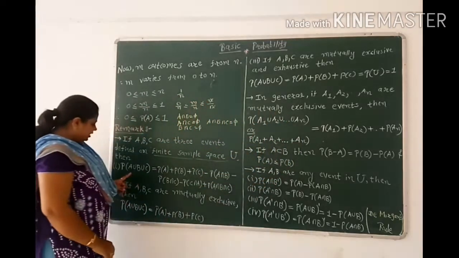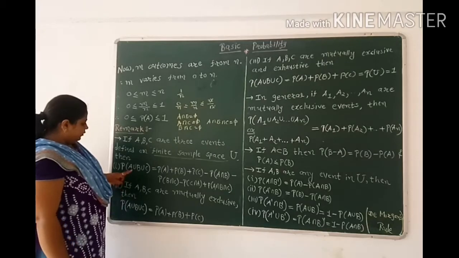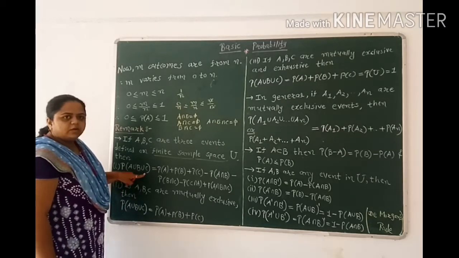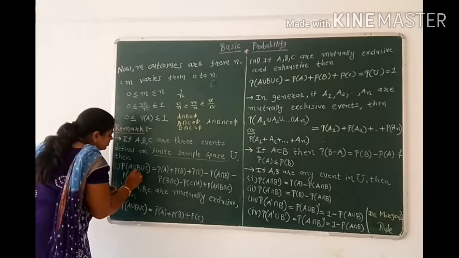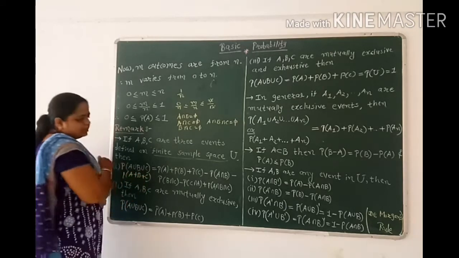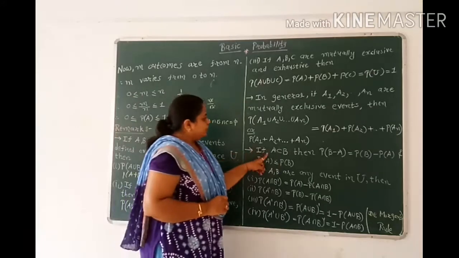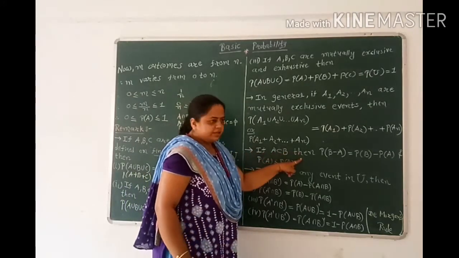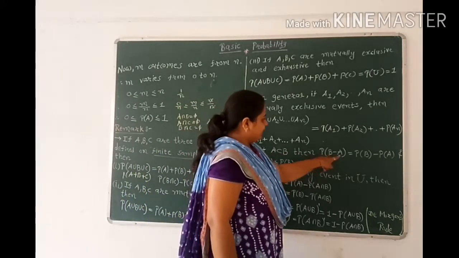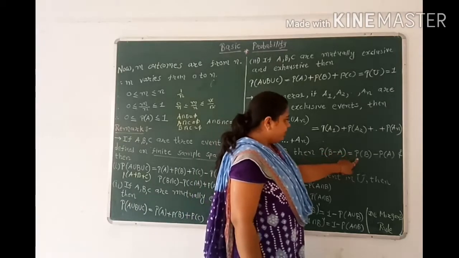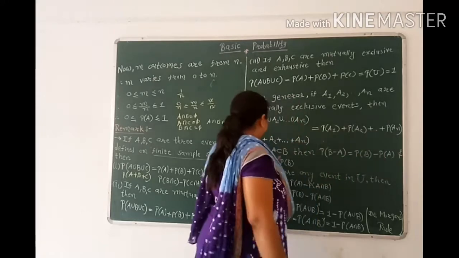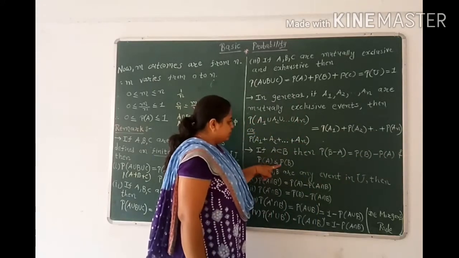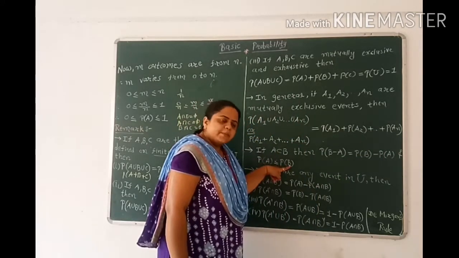Similarly, here we can also write probability of A union B union C equal to probability of A plus B plus C. Now, if A subset B, then probability of B minus A equals probability of B minus probability of A, and probability of A is less than or equal to probability of B.